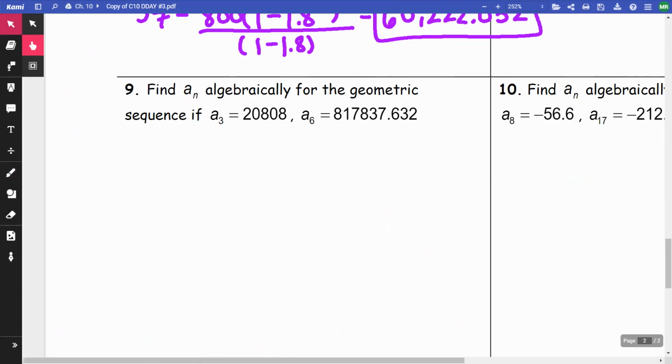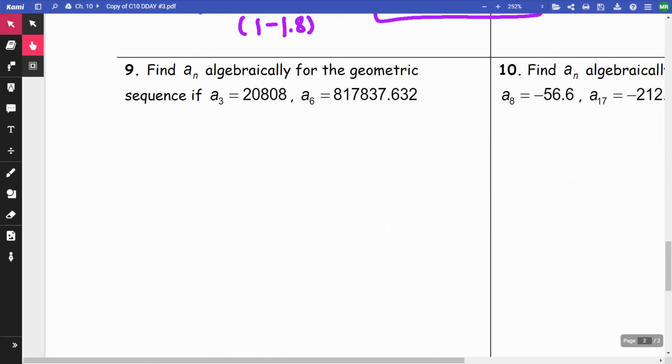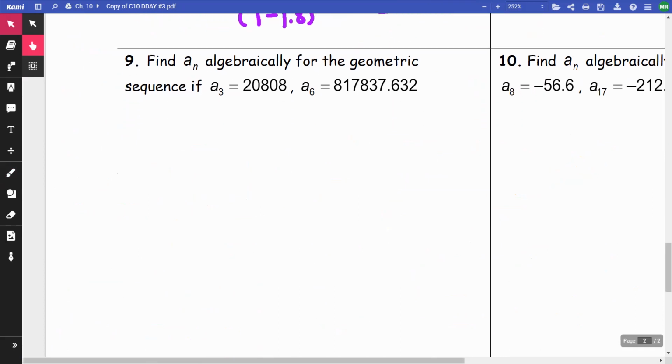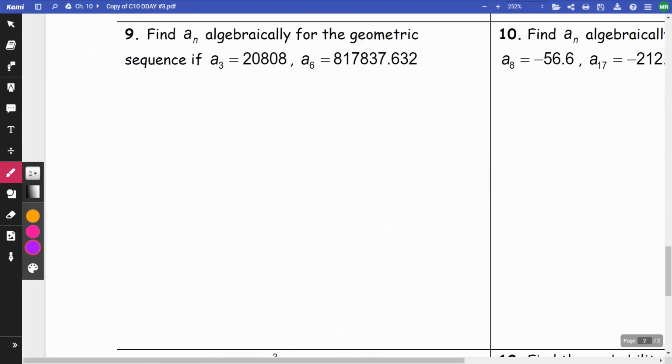So on number 9, they want us to find A sub n. I know that, and they tell us that this is geometric, okay? So A sub n is going to equal, and I am going to start with this term, which is my third term.